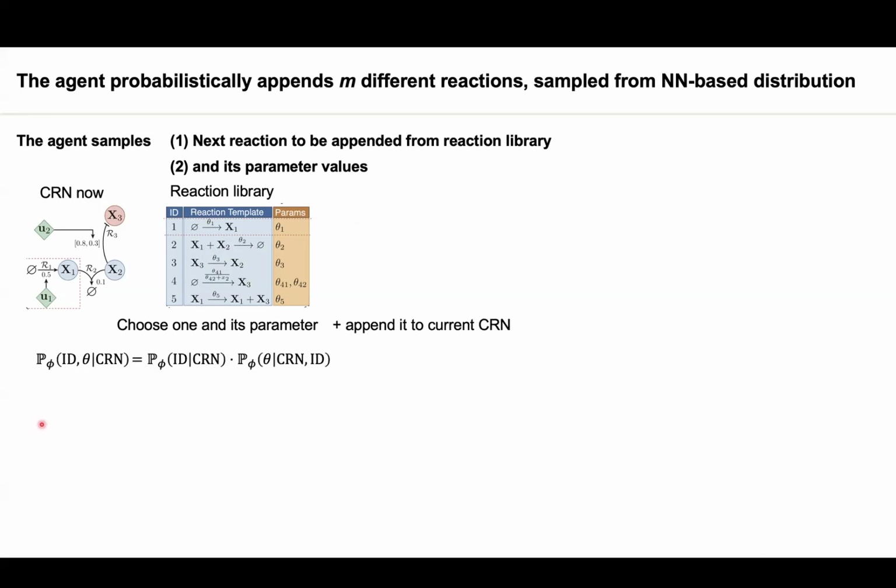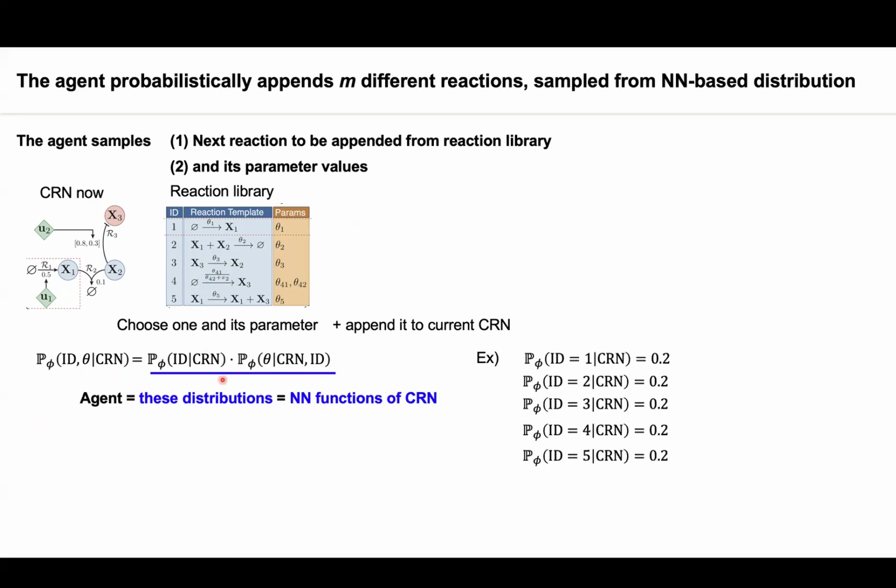And this conditional probability distribution can be decomposed into these 2 parts. So the agent means these distributions. For example, you can imagine this kind of thing.